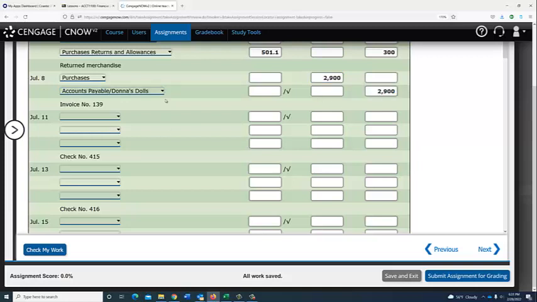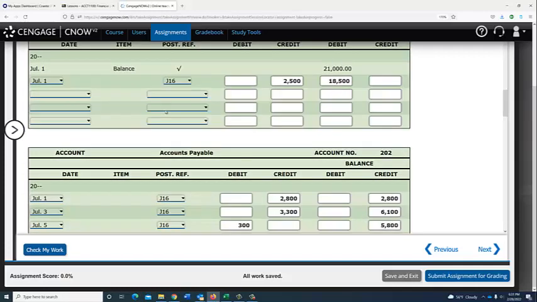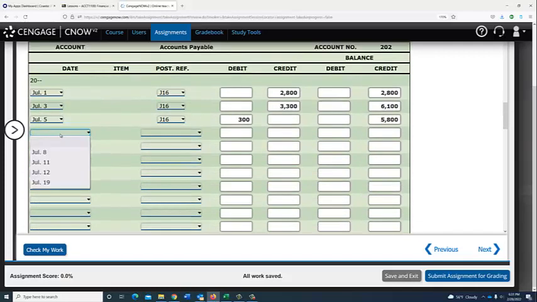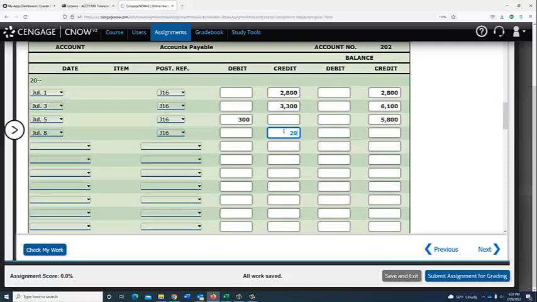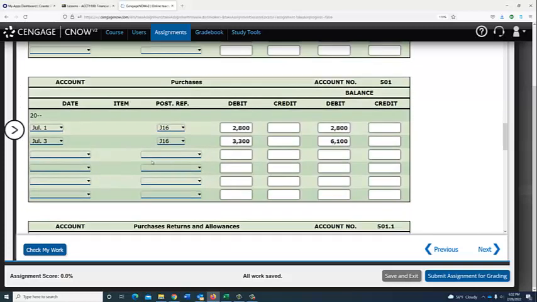Okay, let's go update the accounts. We'll credit accounts payable on the 8th. For $2,900, we have a credit and a credit. So now we have a total in accounts payable of $8,700. We'll scroll down to purchases and debit purchases for $2,900.